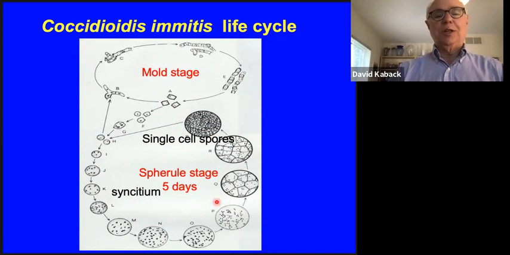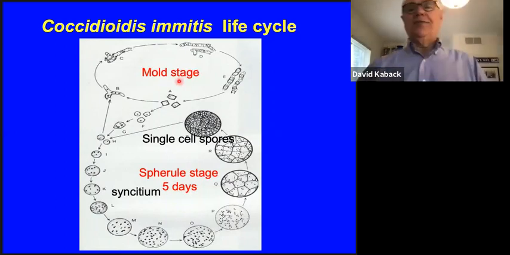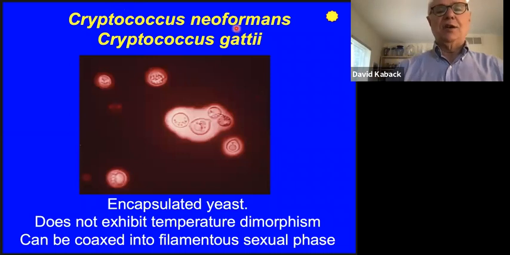So the spherule is the infective stage, instead of the yeast phase that we see on blood agar at 37 degrees. But when this is growing in the soil, in the sand, it will grow as arthrospore-containing hyphae, shown here.